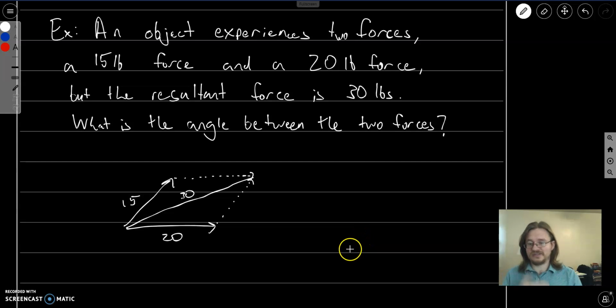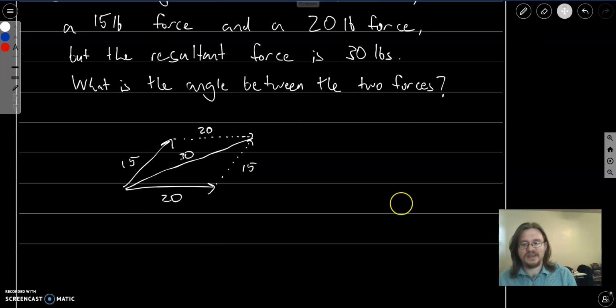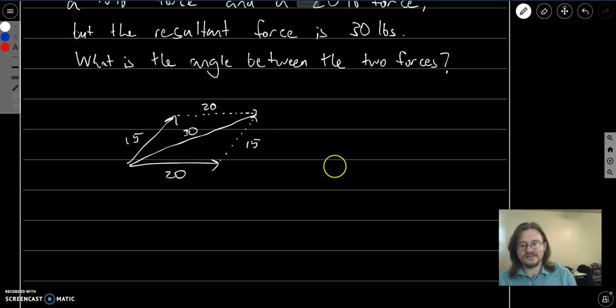Well, again, just like anytime we're working with vectors, a 15-pound force and a 20-pound force, these are vectors. We want to add the vectors together to get our 30-pound force. We can draw our parallelogram, and we know all of these side lengths because those vectors are equal and the two sides are equal. And oh look, there's a triangle.